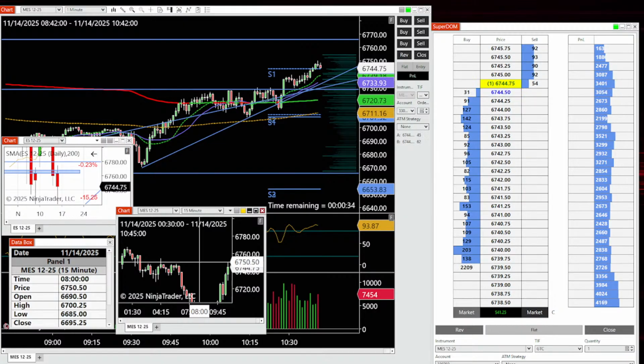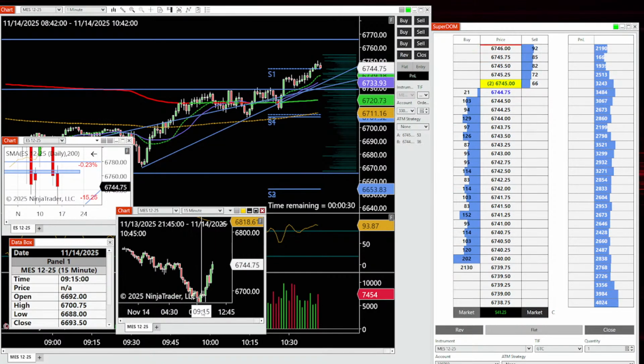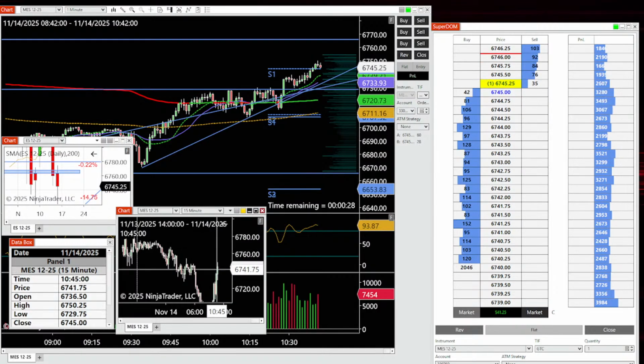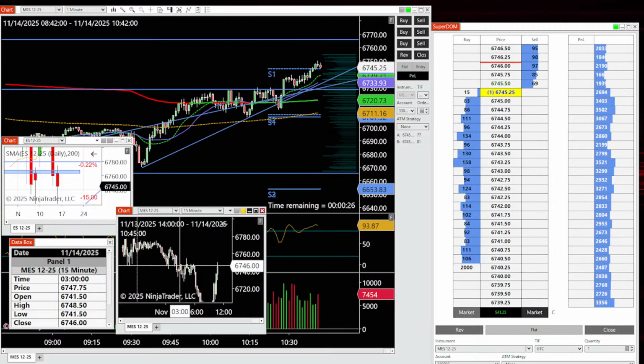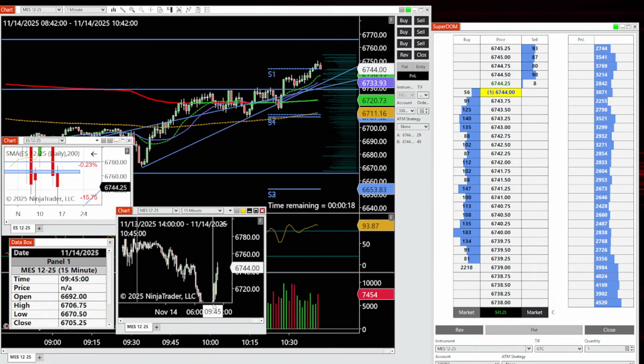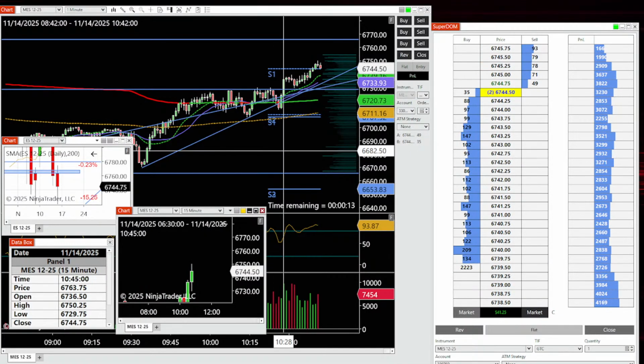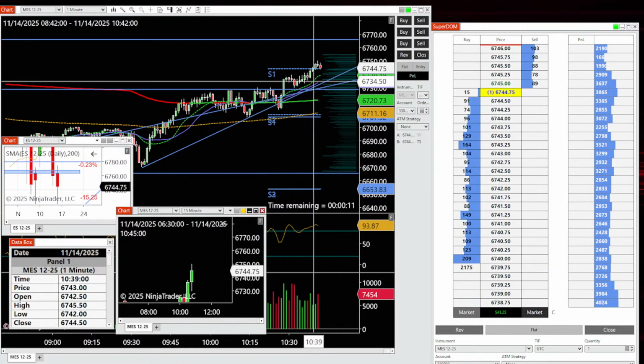So I figured we'd give some type of pullback. Didn't have to, but I'm just playing off it sold off here before. So 50 round is that psychological level, and I took a quick shot at it.